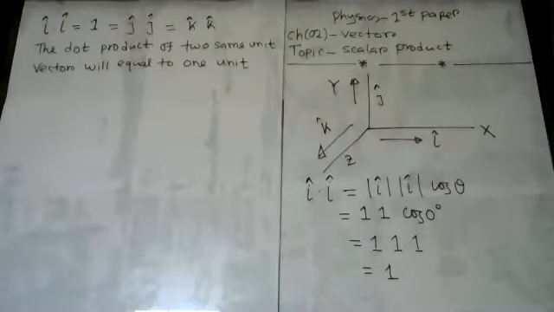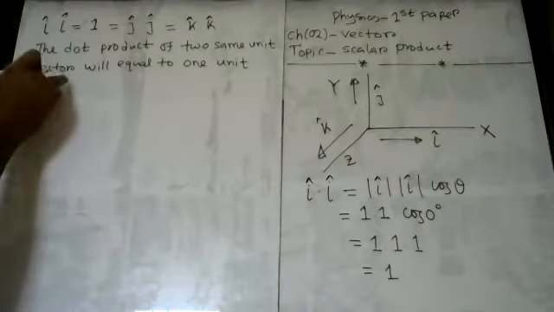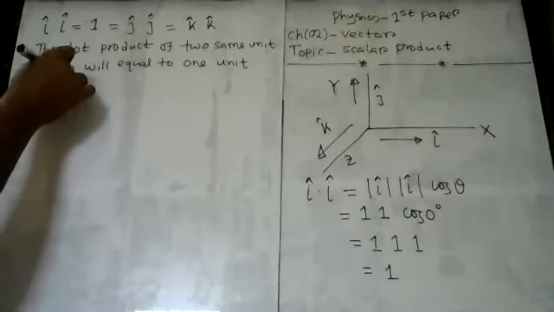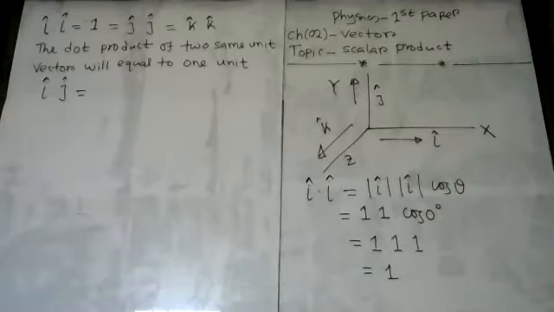Now, my dear student, if you want to solve i hat dot j hat, then what is happening here? What would be the magnitude of this dot product? Suppose you are going to find i hat dot j hat. You see that i hat is acting along the x-axis, and j hat is acting along the y-axis.